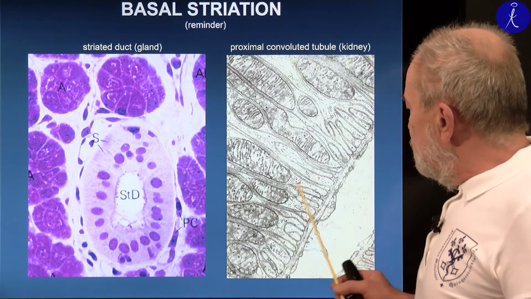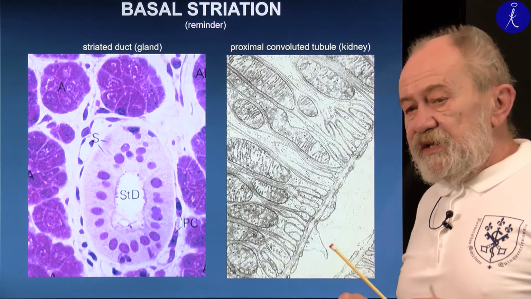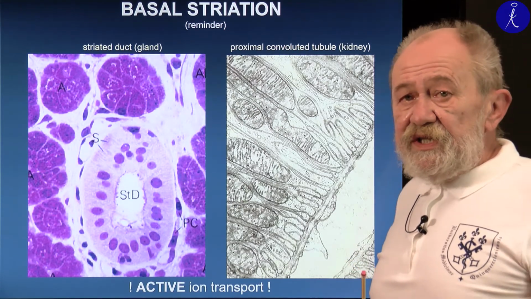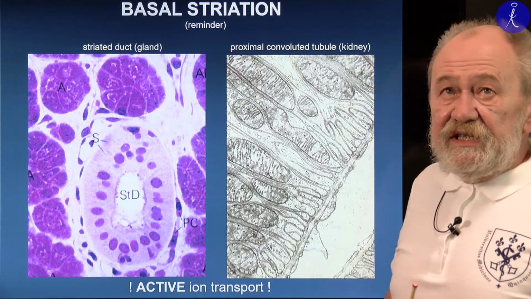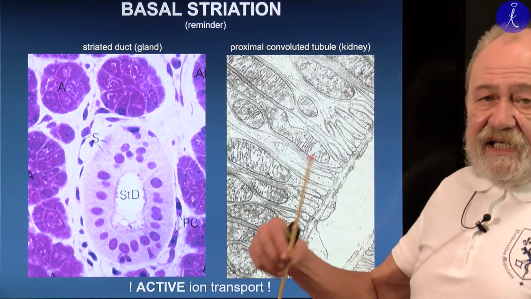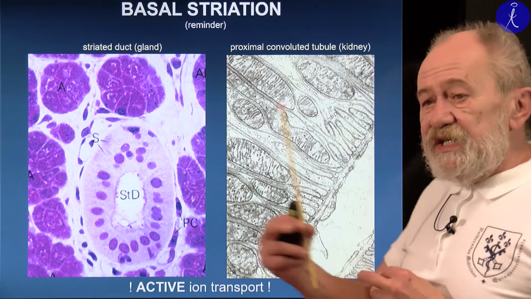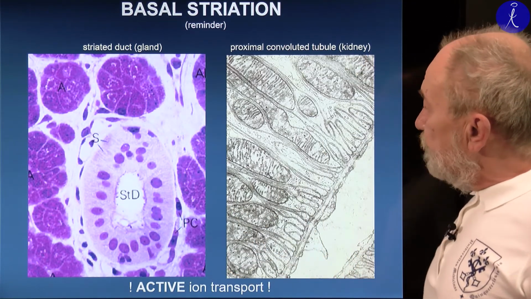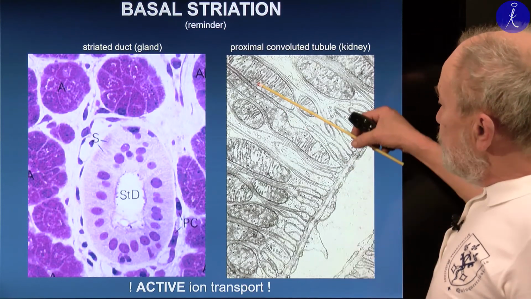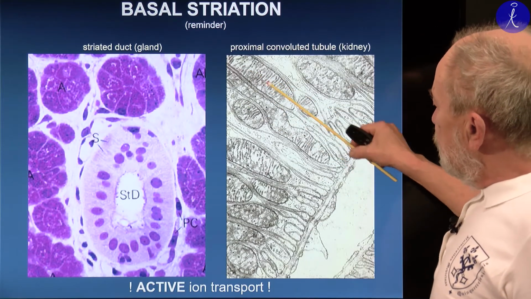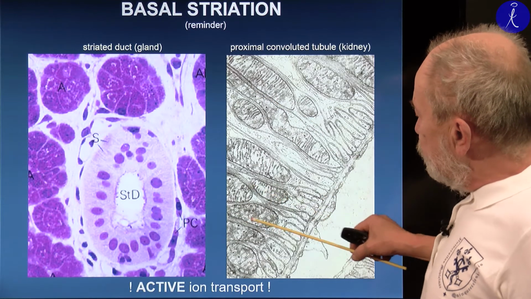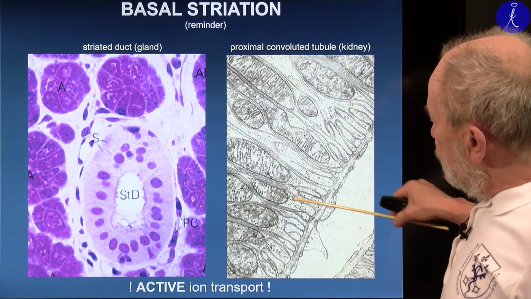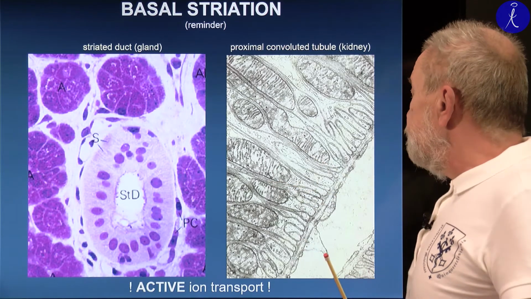In both cases, the basal striation serves the same function, and the function is ionic transport, but it is to be emphasized that this is active ionic transport, so against the gradient of the ions, needing energy, and this energy is served by the rows of mitochondria in between the basal enfoldings of the cell membrane.